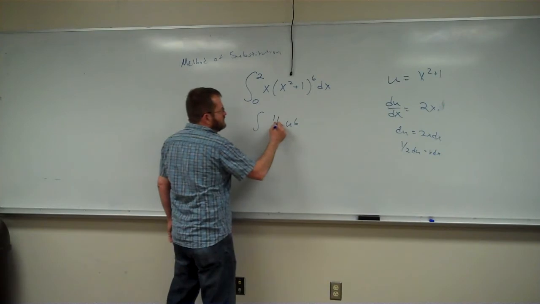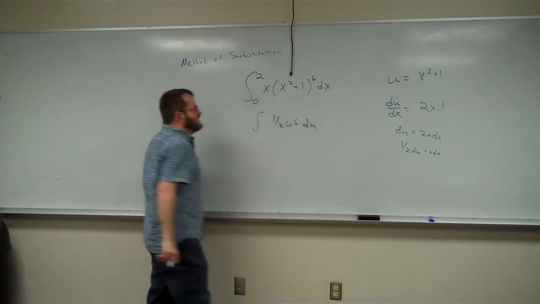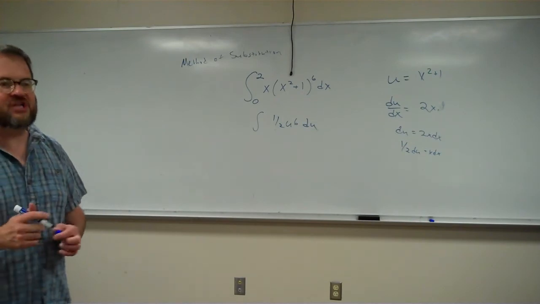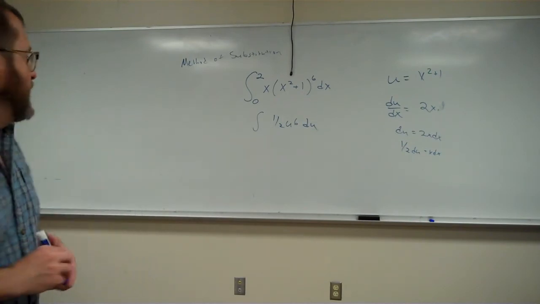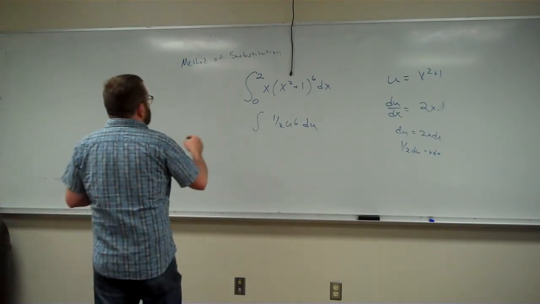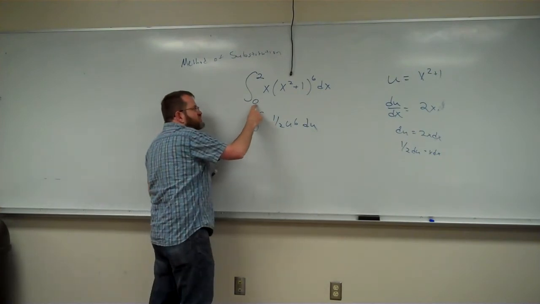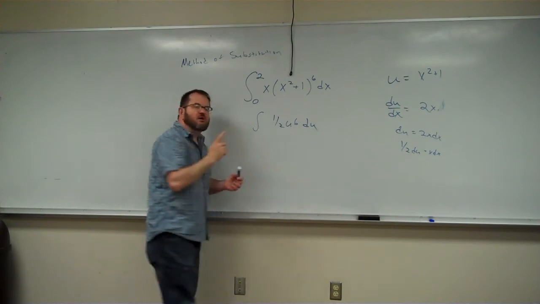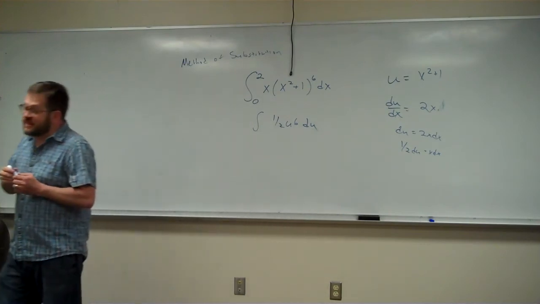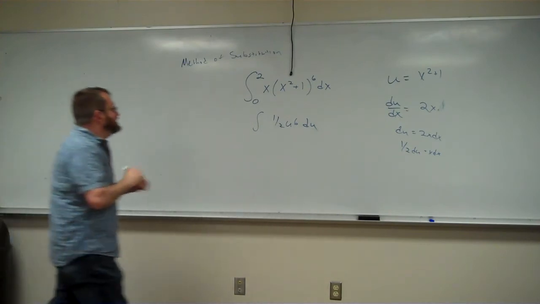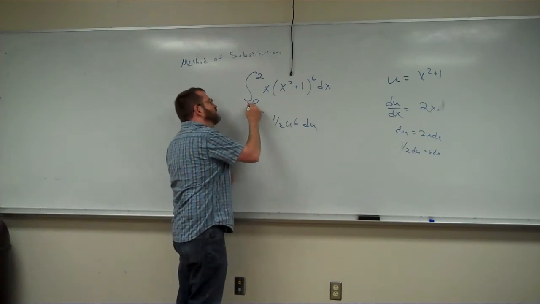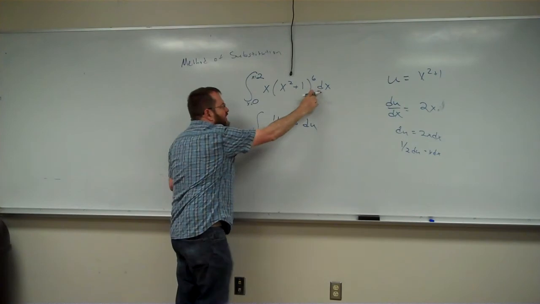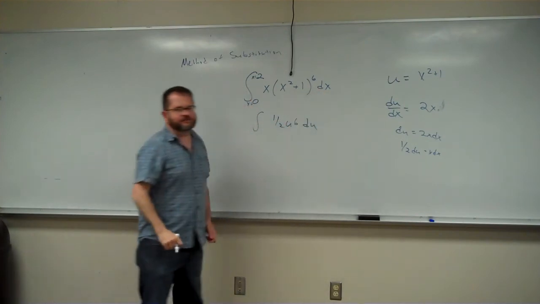Now, what I want to show you is that I've got a problem. What do we do with those limits of integration? When we wrote 0 here, or 2 here, a more complete way to write that would be x equals 0 to x equals 2, because we are integrating with respect to x.